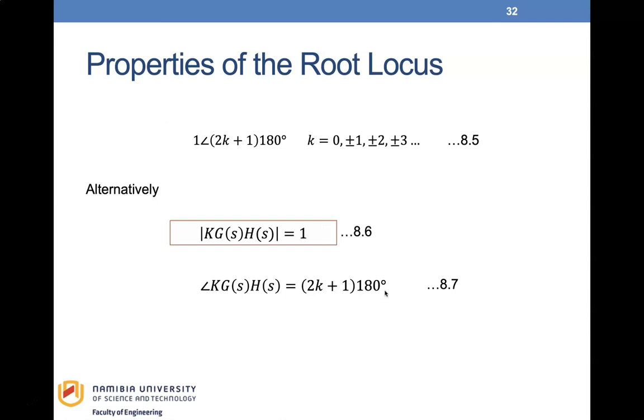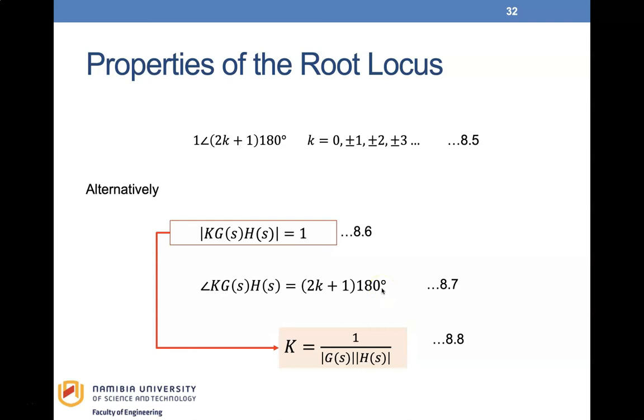And since the angle condition is satisfied, we need to satisfy the magnitude criterion. That is equation 8.6. Therefore, K is equal to 1 over the magnitude of G(s)H(s).